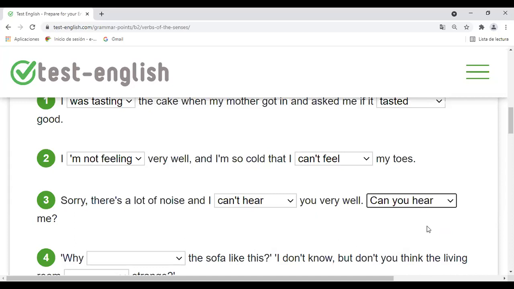I wanted to go into this particular exercise because in here you can see that the sense verbs can be used in all of the tenses, right? You can use them in present, past, or future.